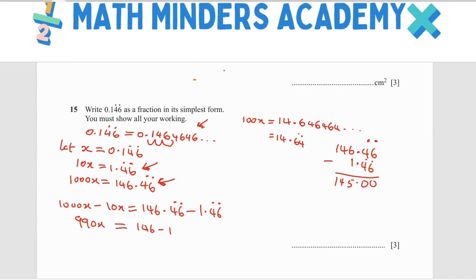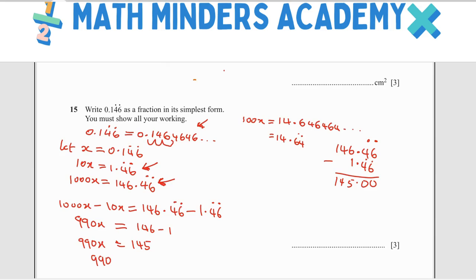Okay. So this is going to give us 990S equals 145, right? So if we divide by 990, we are going to get S equals 145 over 990.